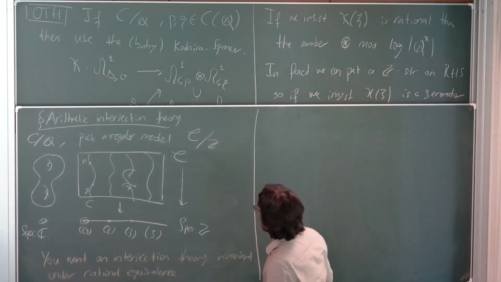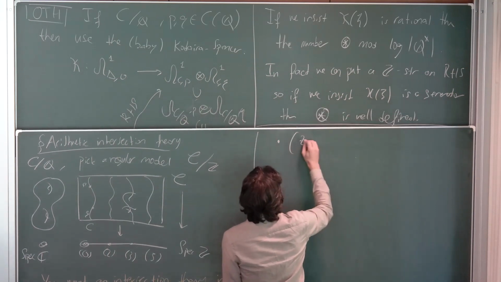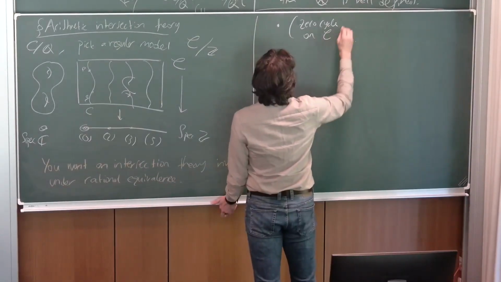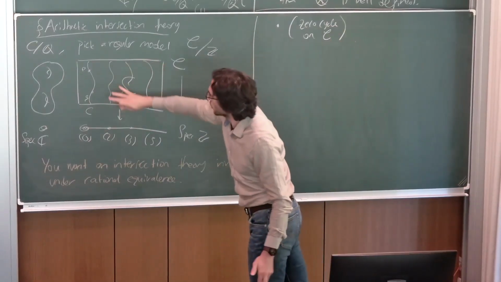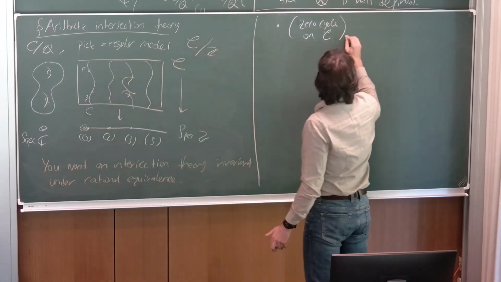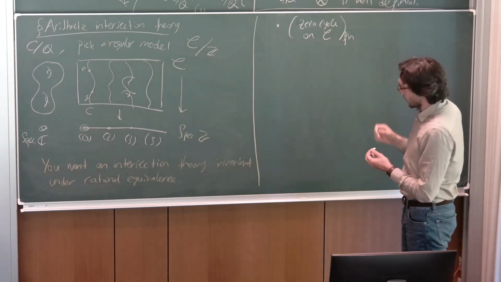All right, so the quantities we need to introduce is, given a zero cycle here, so a bunch of points living here, away from the generic fiber, we will define the arithmetic degree, the finite part of the arithmetic degree.